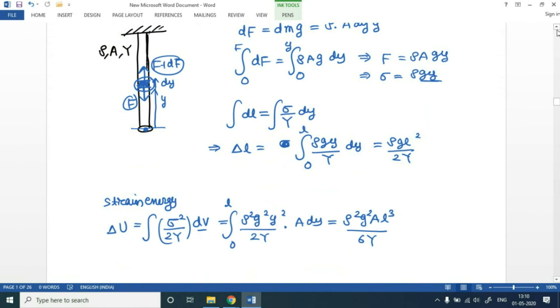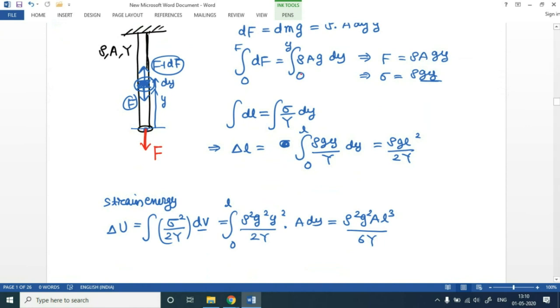One thing we can do: right now it is hanging under its own weight. If at the same time we start pulling this with some external force F over here, in that case this limit will change.